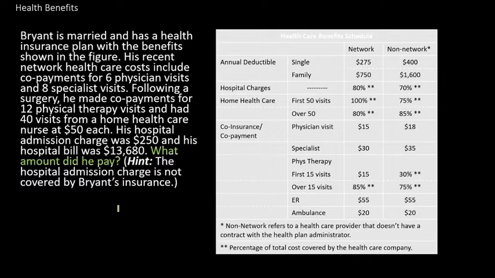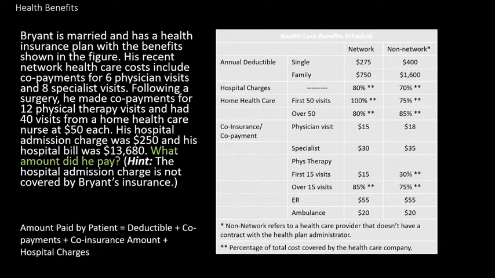So remember, for amount paid by patient, it's equal to our deductible plus our co-payments and co-insurance plus hospital charges. So just like before, I recommend that we kind of just read this equation piece by piece and then figure out the elements of it as we go.